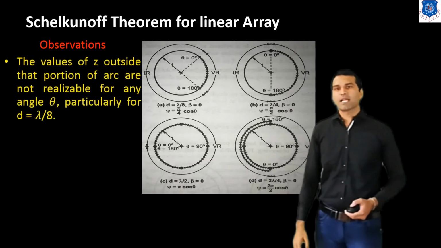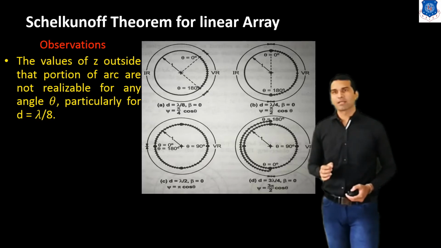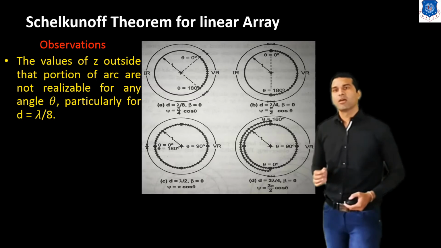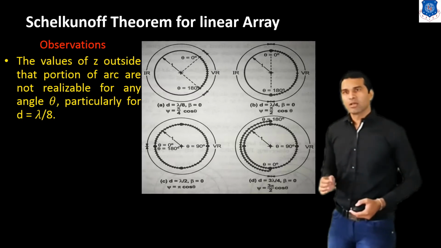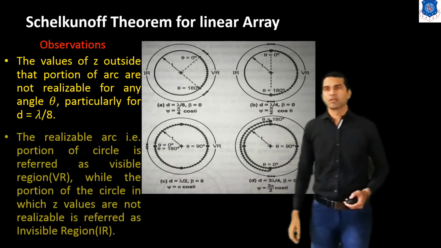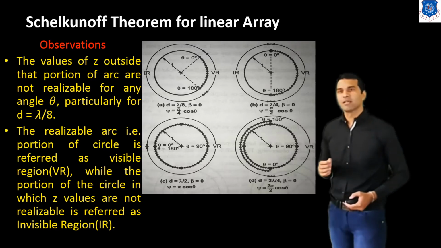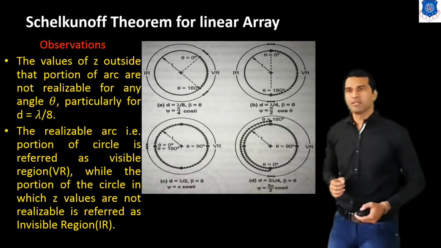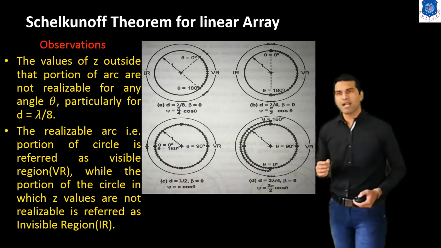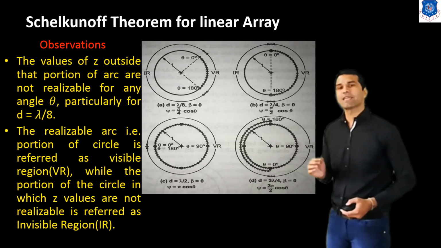Second, we can see that the values of z outside the portion of the arc are not realizable for any angle theta, particularly for d equals lambda by 8. The realizable arc, that means the portion of the circle, is referred to as the visible region VR, while the portion of the circle in which z values are not realizable is referred to as the invisible region IR.